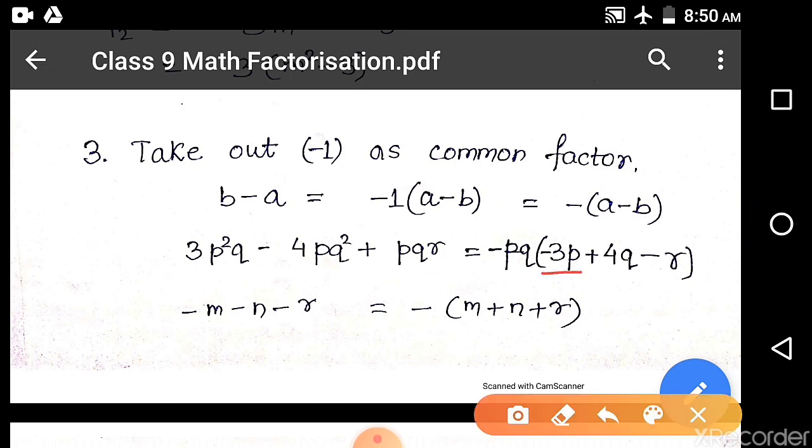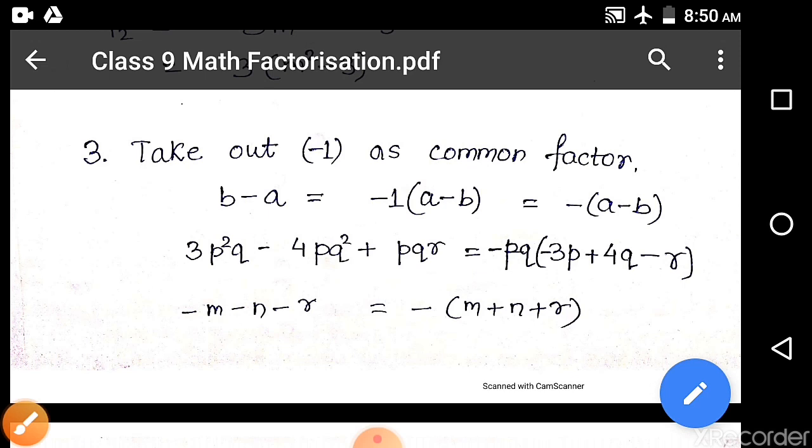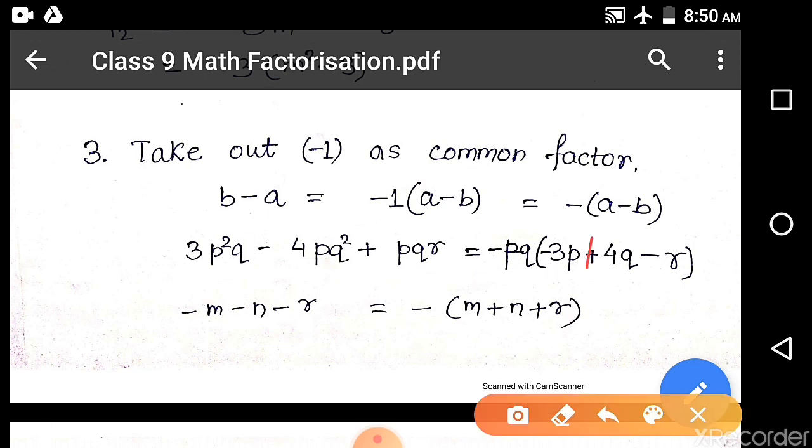See, now from this term, minus 4pq square. As minus is present here and minus is taken out common, the sign becomes plus. This one you can easily understand. Now as pq is taken out common, 4q is left.